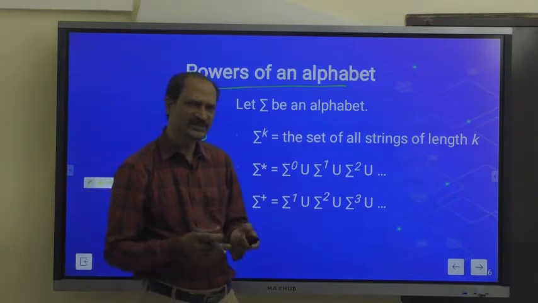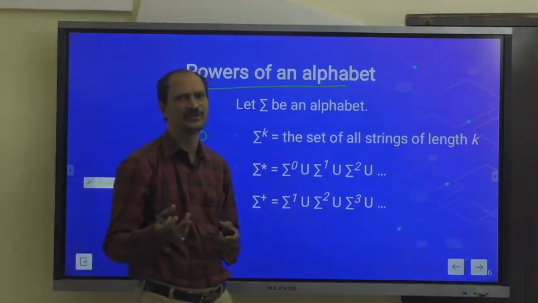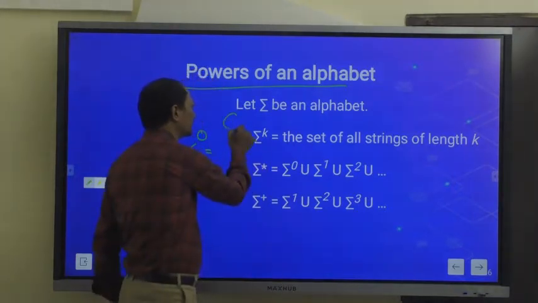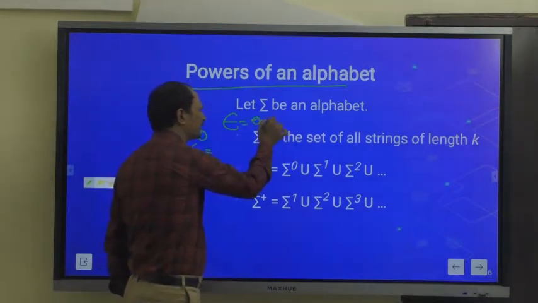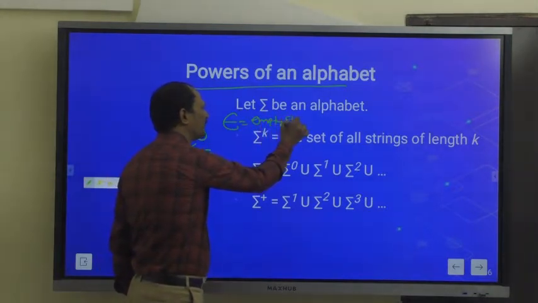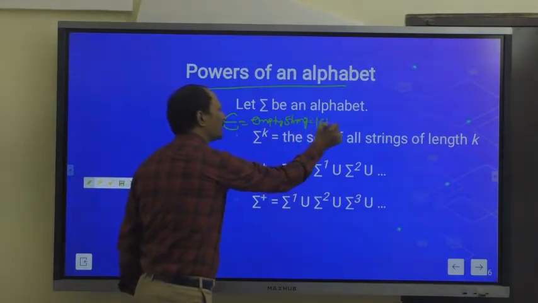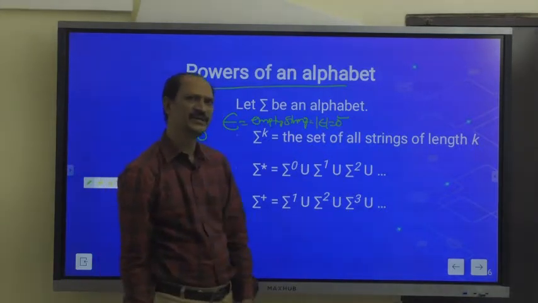The set of all strings whose length is 0, we call it with a special symbol called epsilon. Whenever I use the word epsilon, it is represented by this letter, and it represents an empty string. What do you mean by that? A string whose length is 0, mod epsilon is equal to 0, is called an empty string.